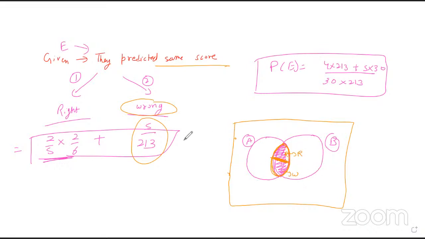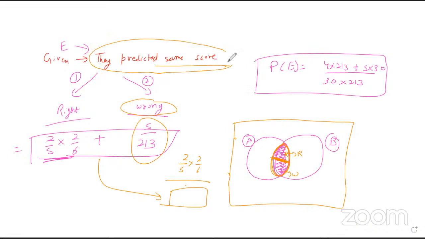Okay. The right part you are putting in the numerator: 2 by 5 into 2 by 6, and this addition is the denominator, E. But you haven't considered the probability of them predicting the same score as well, right? There will also be some probability assigned to it. The probability of them predicting the same score is the addition of them getting it right and them getting it wrong.